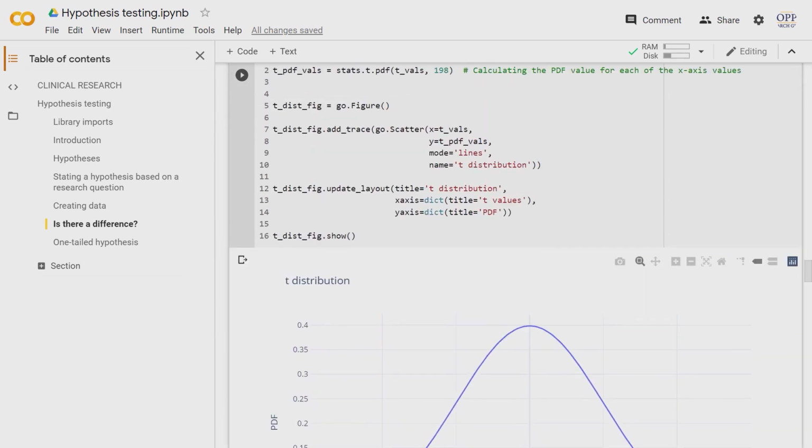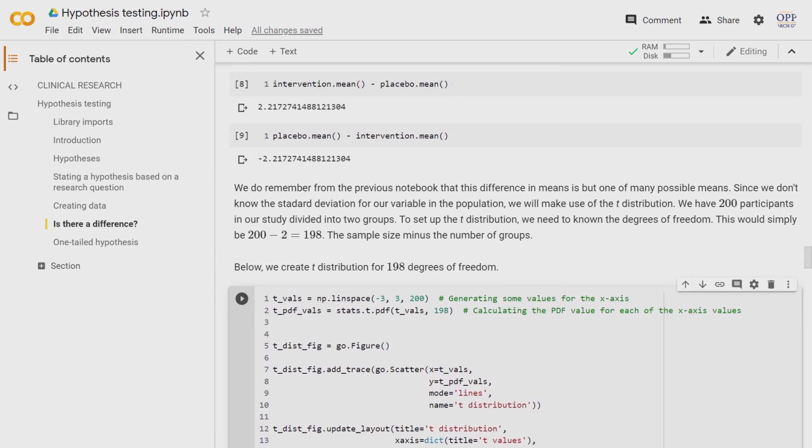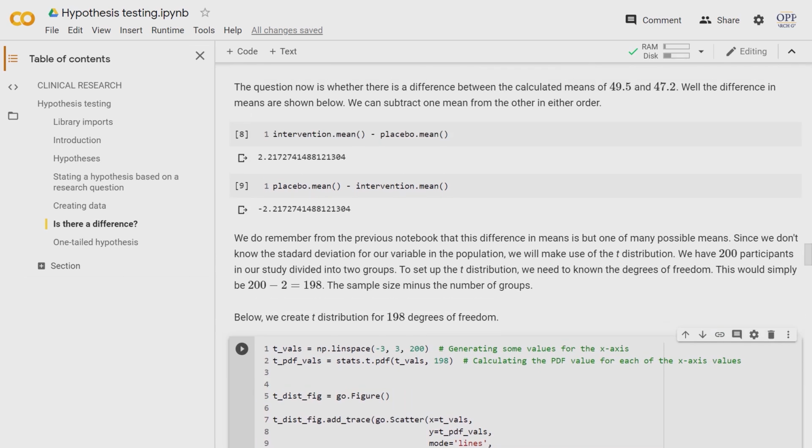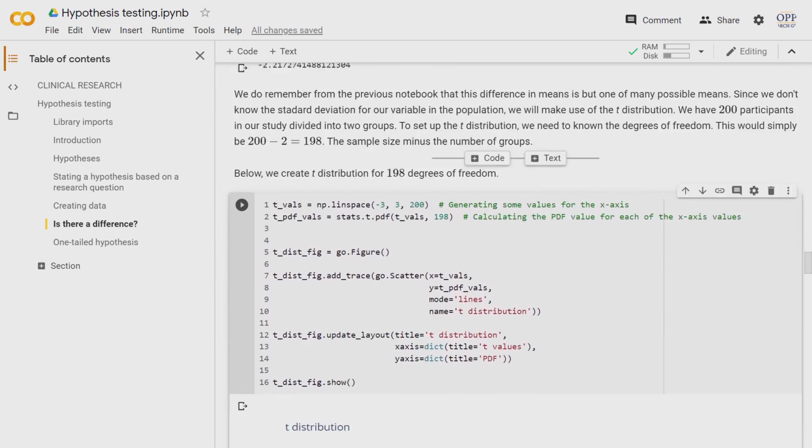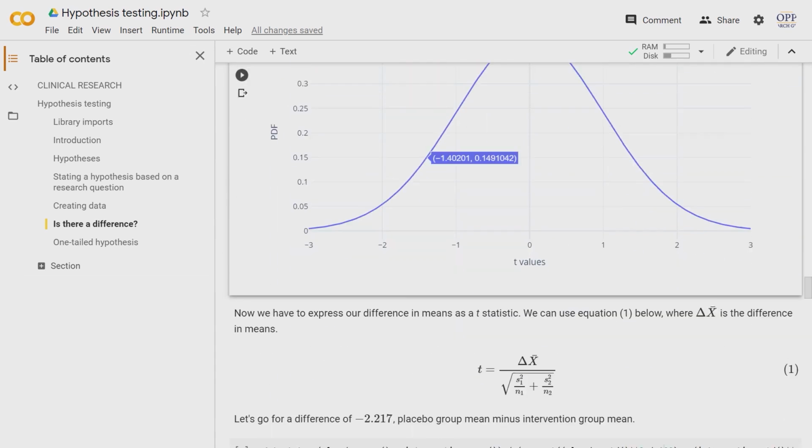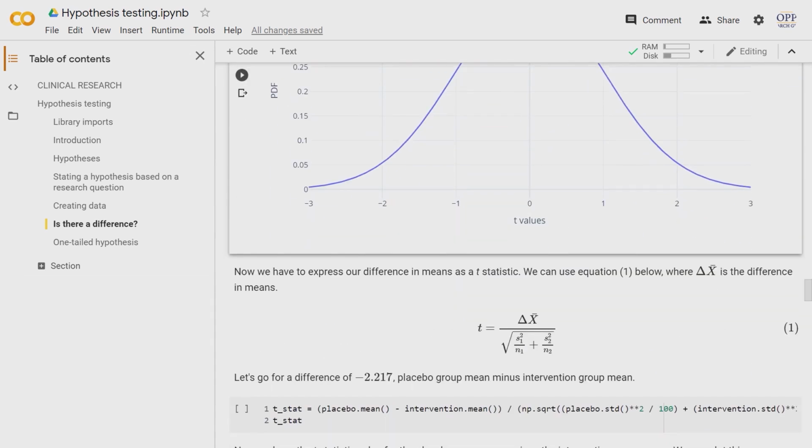Now, we've just got to convert our difference, and we stuck with mean placebo mean minus intervention mean. That was our group 1 minus group 2. We always do that, of -2.21. We've got to convert that to a t-statistic so that we can plug it in here at the bottom. If this was a z-distribution, we would have said how many standard deviations is that difference away from the mean.